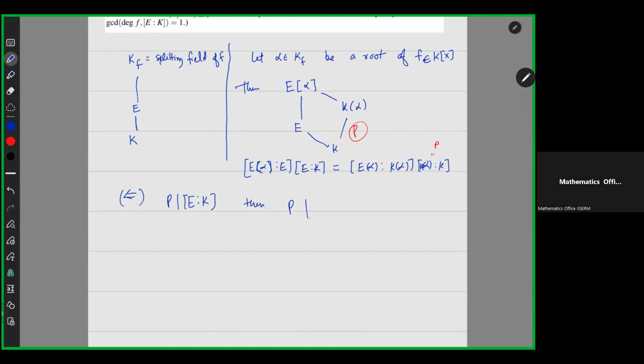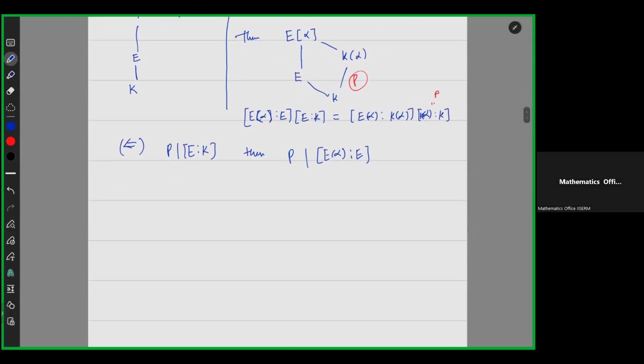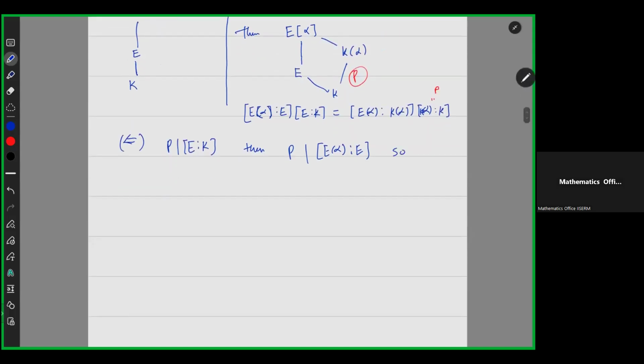P divides the degree of extension E alpha over E. But this is a simple extension. So P divides the degree of mu alpha over E, right?